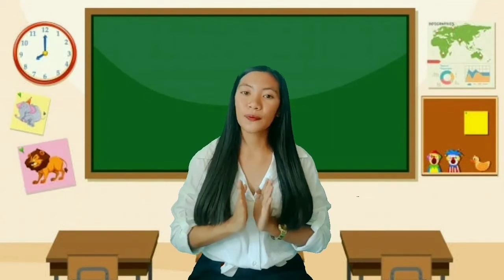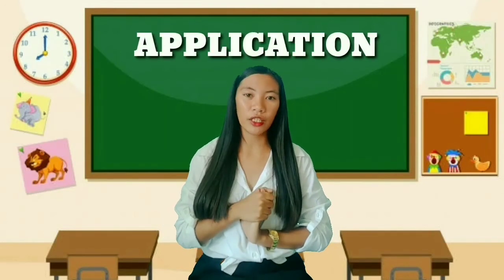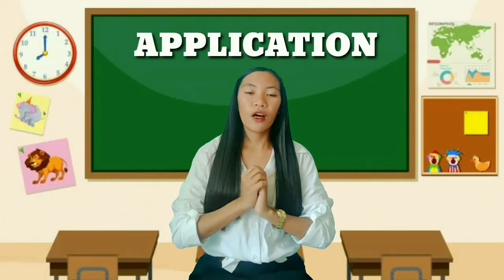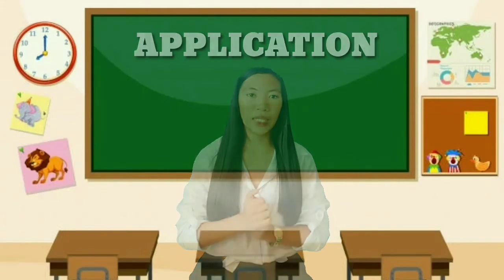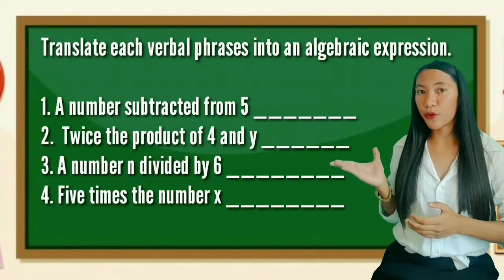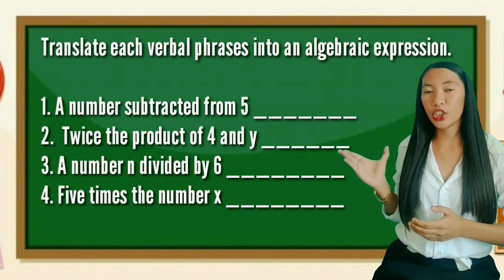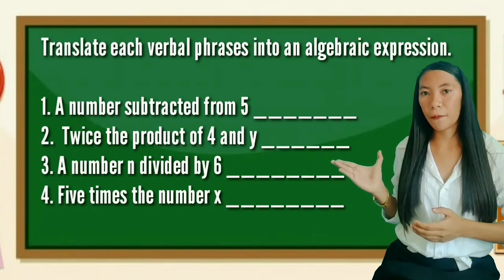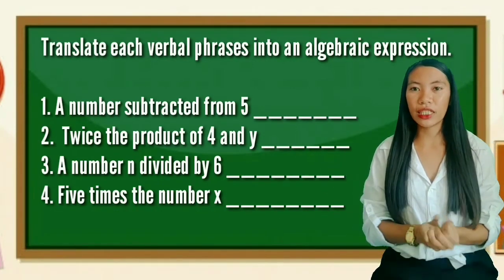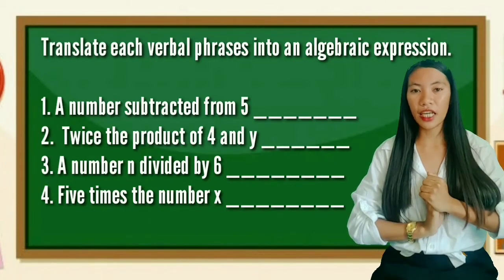Now, let's proceed to the application in order for me to know that you understand our topic. In application, translate each verbal phrase into an algebraic expression. You must answer this in 10 seconds.